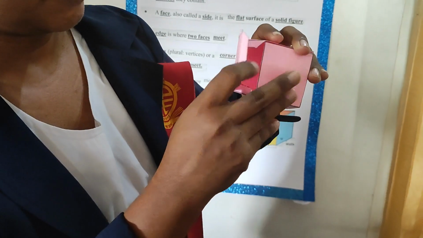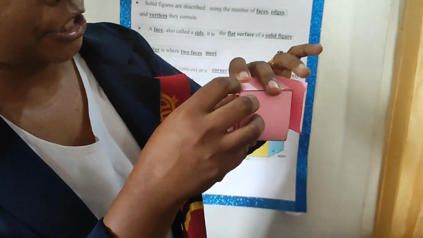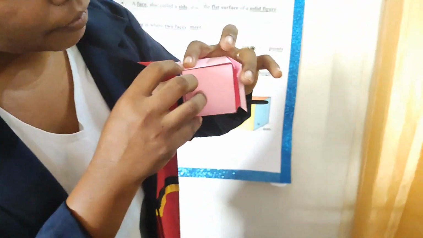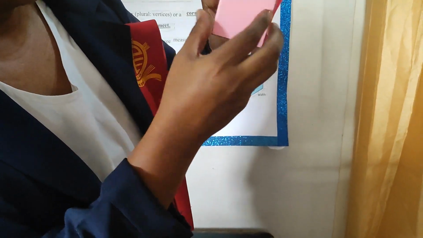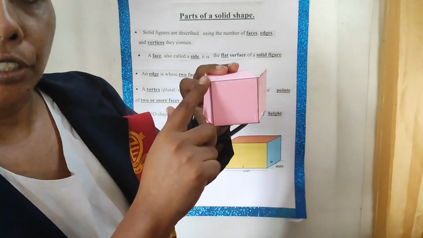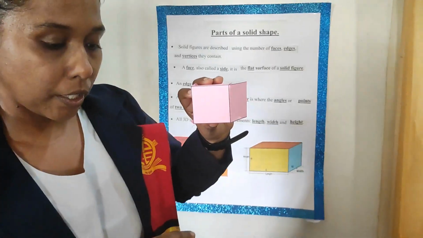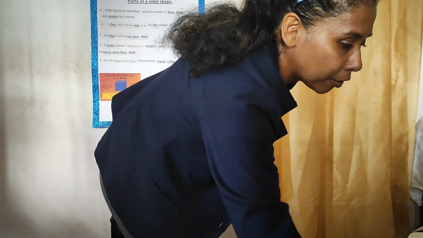On your net, you'll be able to identify the faces, the edges, and the vertices. Okay? So let me give you each a net. There you go.